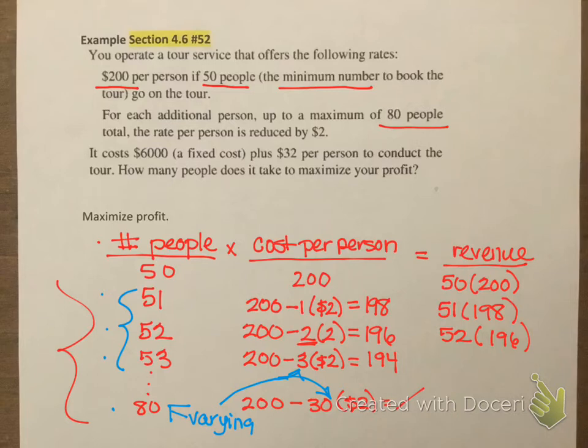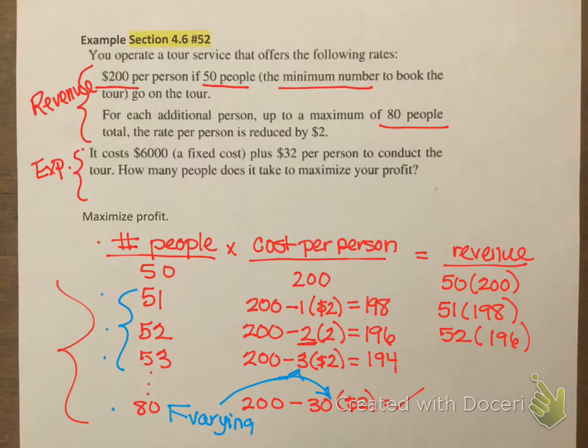All right, let's go on and back up to our problem here and make sure that you guys understand that this is what tells Trevor his revenue and that this is what tells Trevor his expenses. It costs $6,000, a fixed cost.